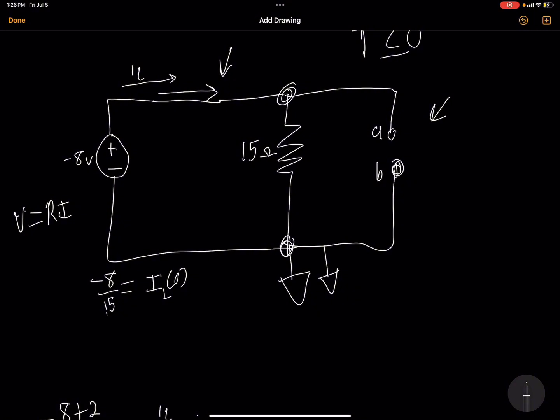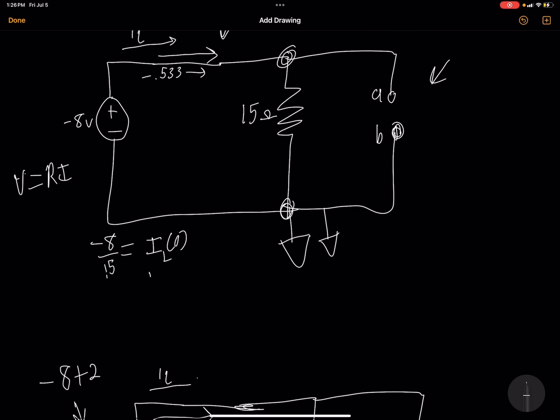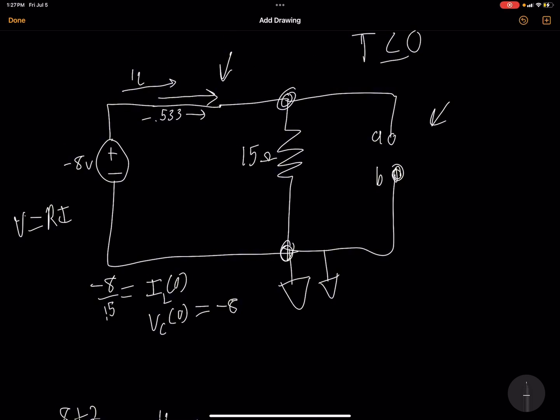So that is going to be negative 0.533 going that way. And that times 15 is negative 8. So all of the voltage goes to the capacitor. A simple reasoning behind that is that there's one resistor, so there's nothing really splitting up the voltage. Okay. Found our initial conditions.